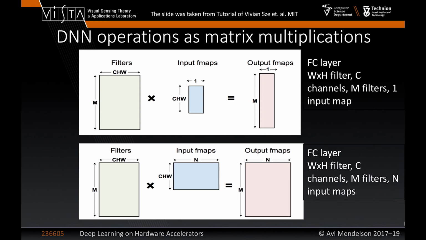So if we just stack all the connections, all the connections to this point are this column, and I multiply it by some feature map, and what I'm getting is one point, and this point is exactly the output that I will get here.